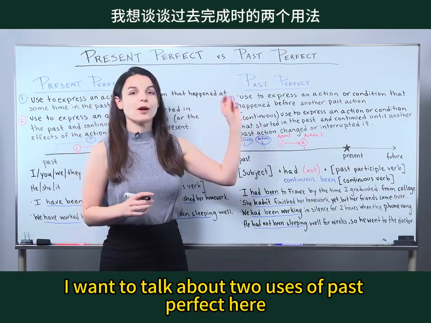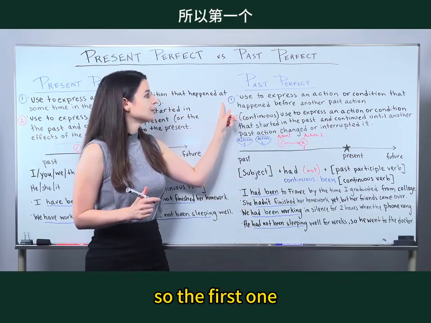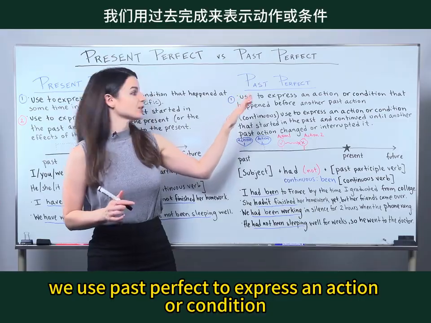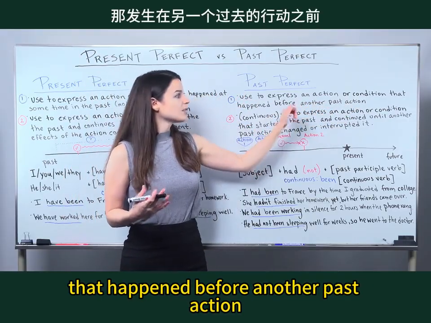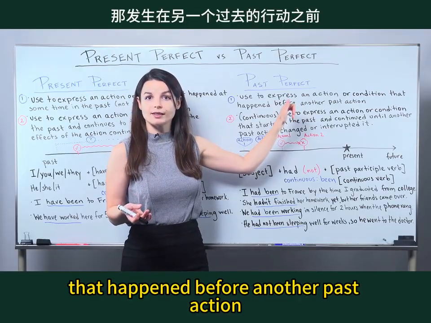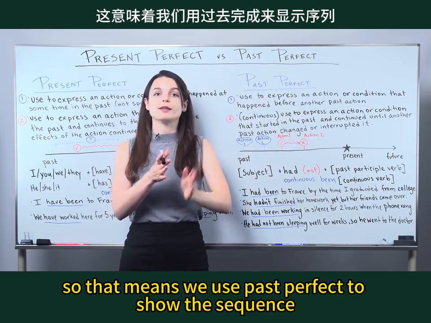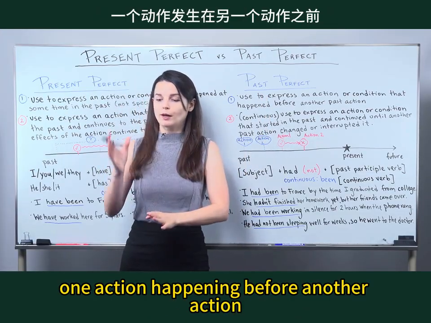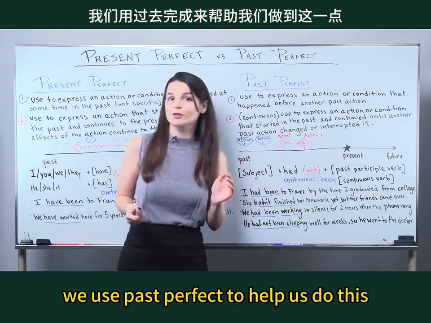Again, I want to talk about 2 uses of past perfect here. So the first one, we use past perfect to express an action or condition that happened before another past action. So that means we use past perfect to show the sequence of past actions, one action happening before another action.